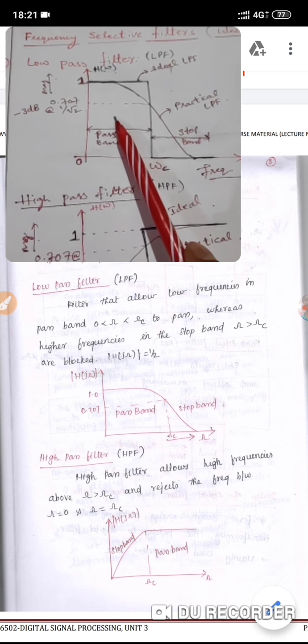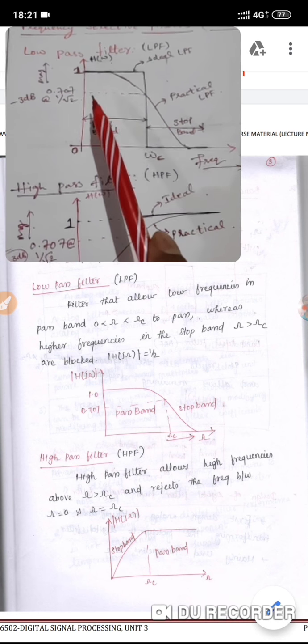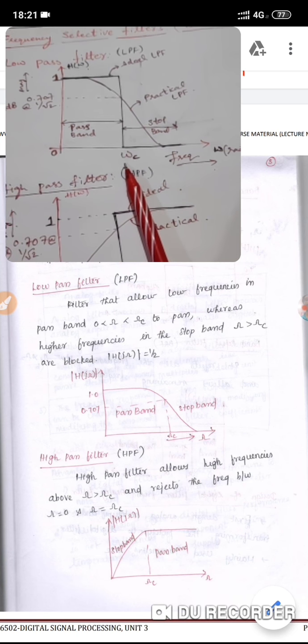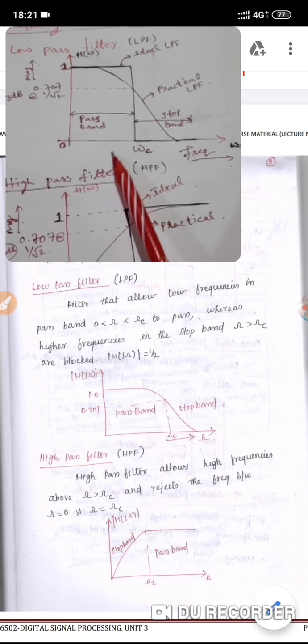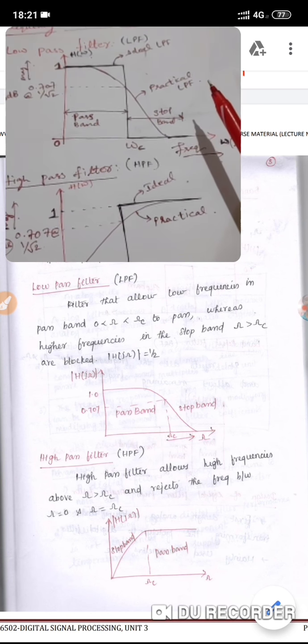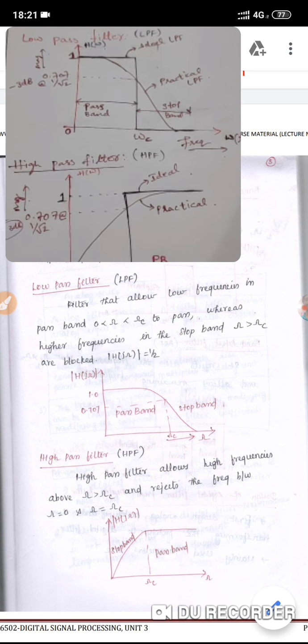The frequency at minus 3 dB or 0.707 or 1 by root 2, we take as the cutoff frequency. So there will be only one cutoff frequency for the low pass filter. It allows only the lower frequencies and blocks the higher frequencies.